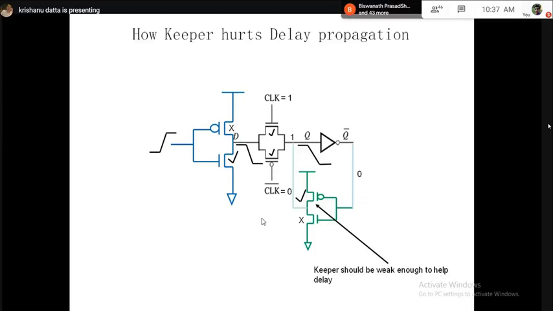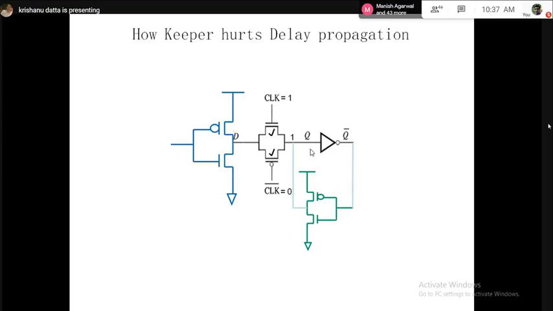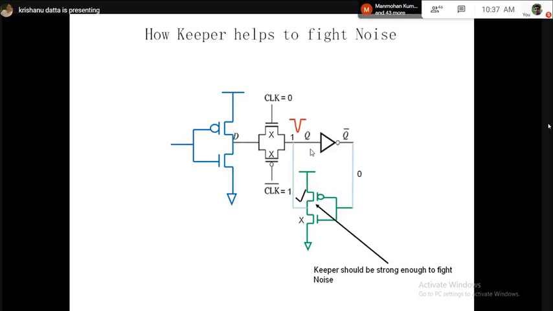So how do we solve that? If you want a good delay transition, then you will try to make the PMOS weak. If you make the PMOS weak, then the fight will be less and the data will go to Q more easily. The delay will be faster. So what we got from the previous discussion is that for good noise, this keeper has to be as strong as possible.